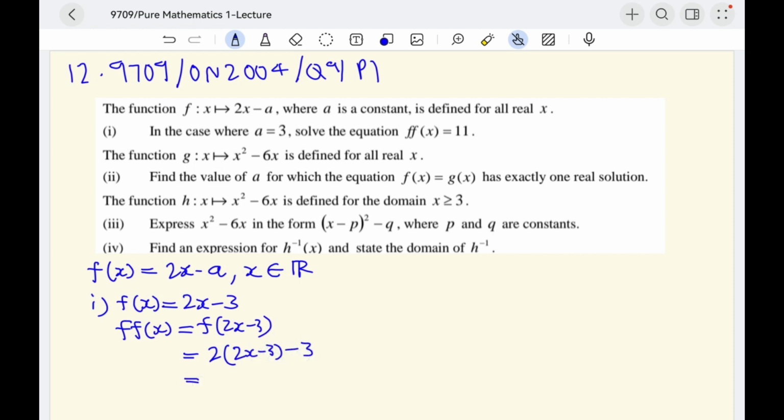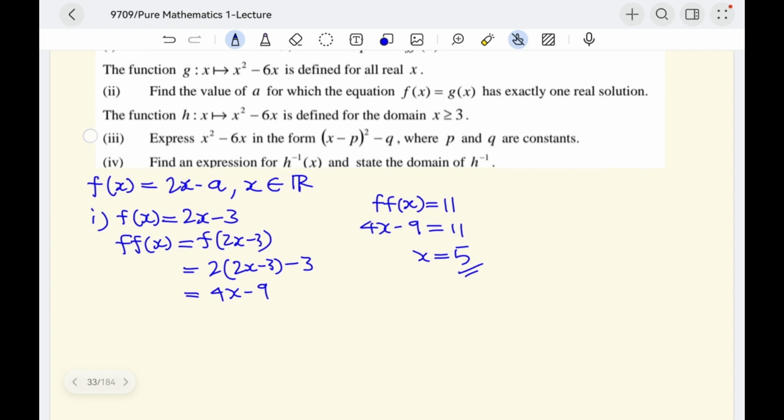So in the end you will get 4x minus 9 for ff(x). Next, you follow the equation above, ff(x) equals 11, and then you may solve it. So your final answer should be 5. Alright? Let's take a look at the next part.